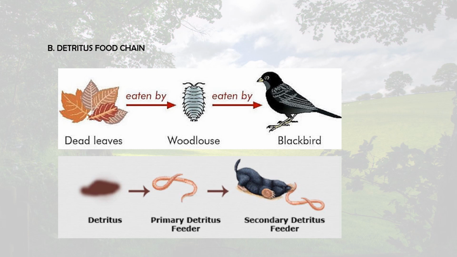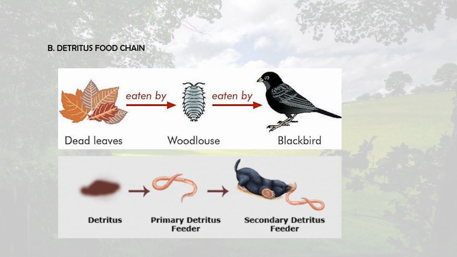The organisms that are present in this food chain are algae, bacteria, fungi, some insects, and some centipedes, some annelids, nematodes, etc. And they break down the complex organic matter present in the organic waste or dead tissues into simpler humic compounds.